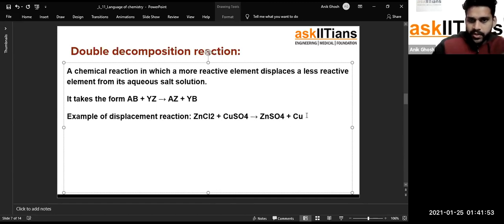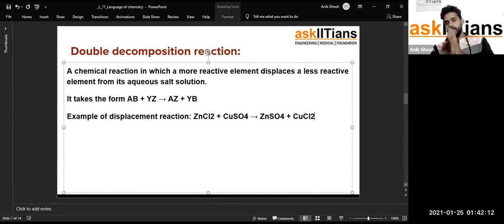Just give me a moment. So this is the double displacement reaction. You can see both of them are replacing each other, right? This is the double displacement reaction.